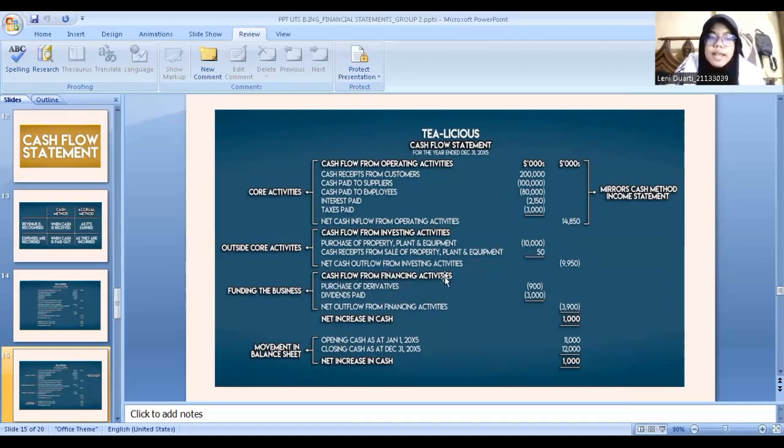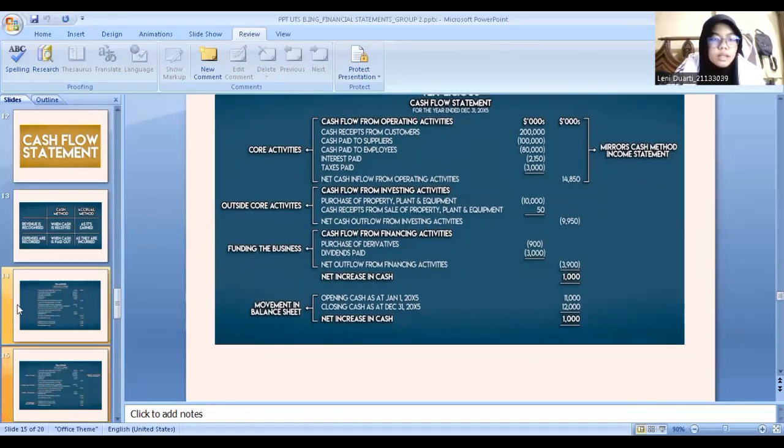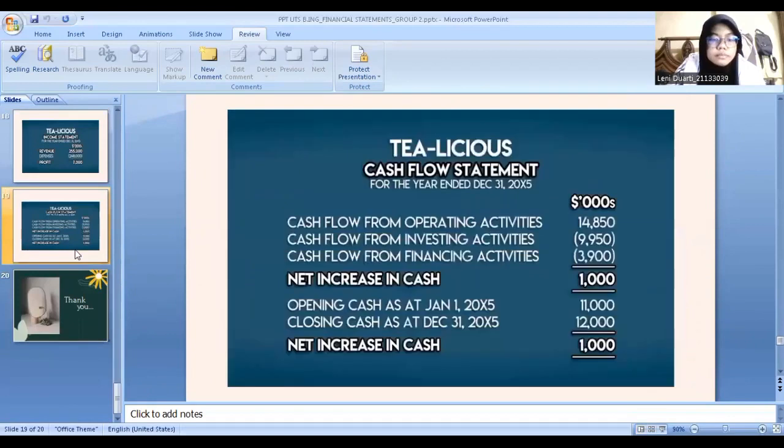Cash flow from financing activities is all about funding the business, either through loans from banks or equity from the owners of the business. If we collapse this all down, then the net cash flow on the top should match up with the net cash flow on the bottom. It does here, which means the cash flow statement is reconciled.